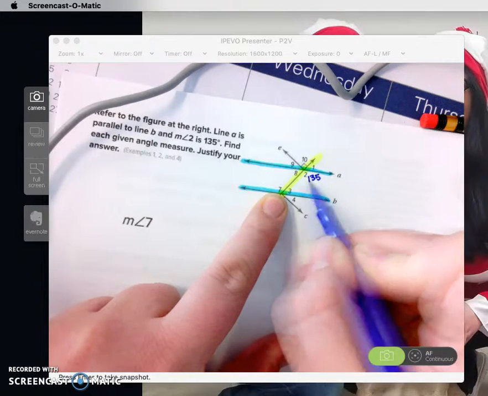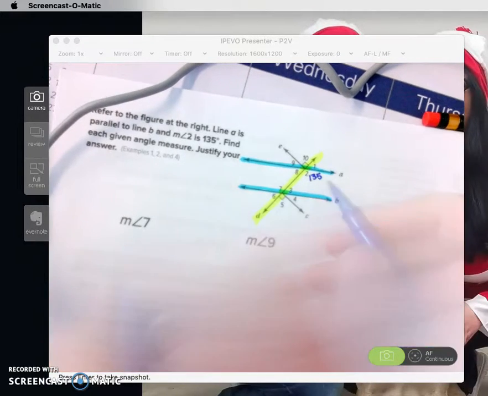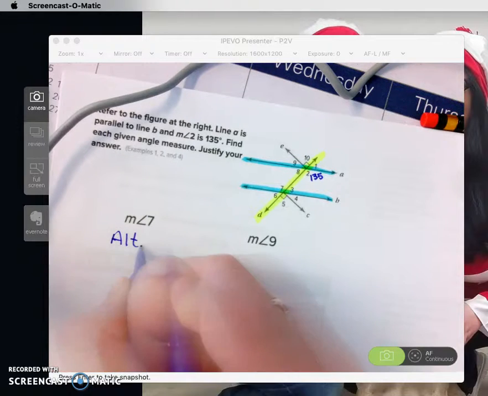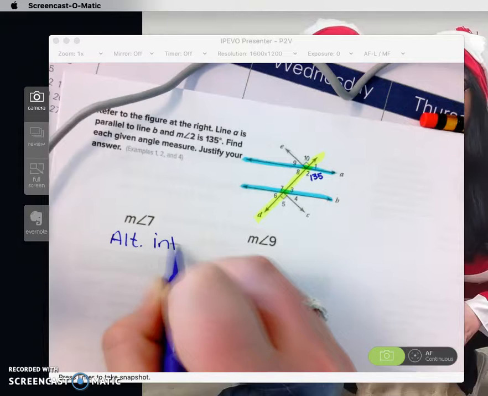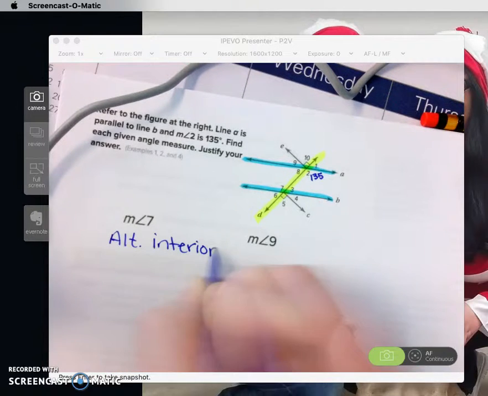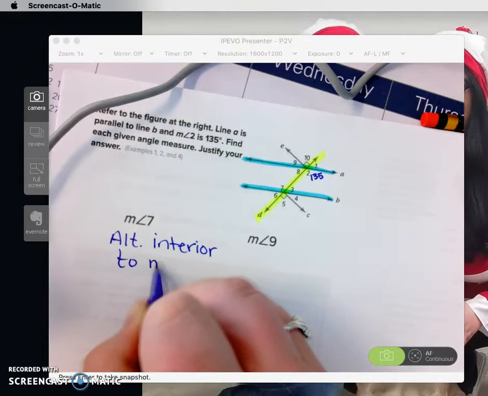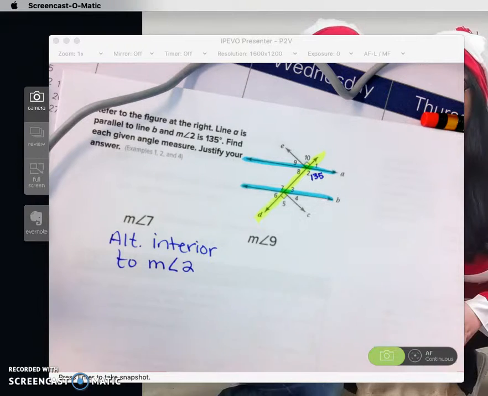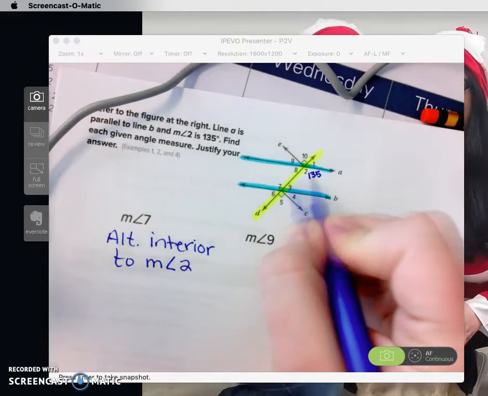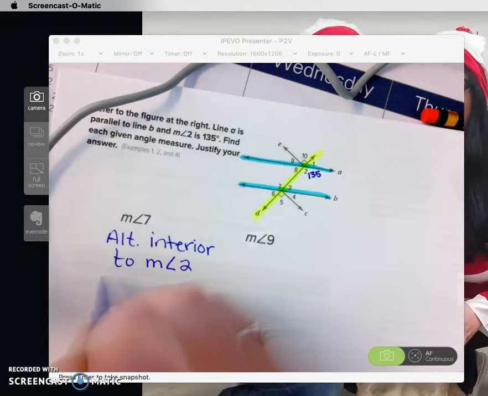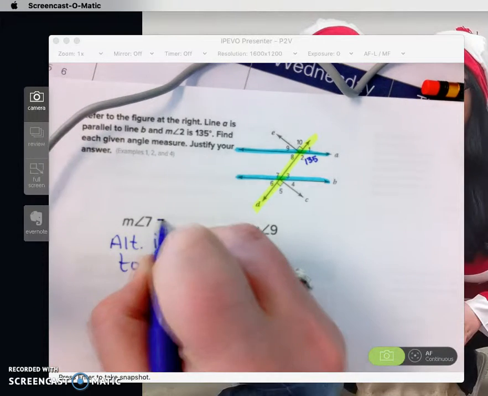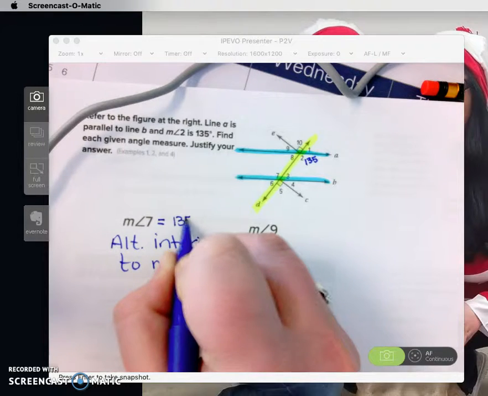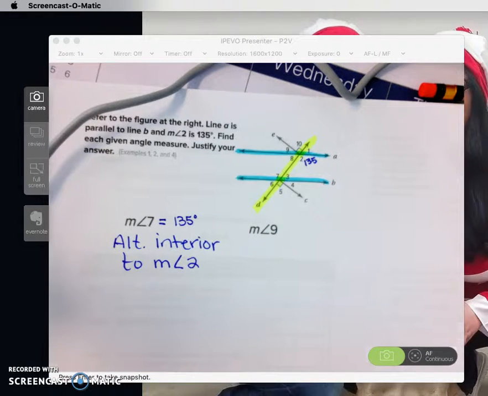They're on opposite sides, so they're alternate, and they're inside my parallel line, so interior to the measure of angle 2, so therefore it's going to be the same. Remember, alternate interior angles are congruent or equal. So therefore this is equal to 135 degrees.